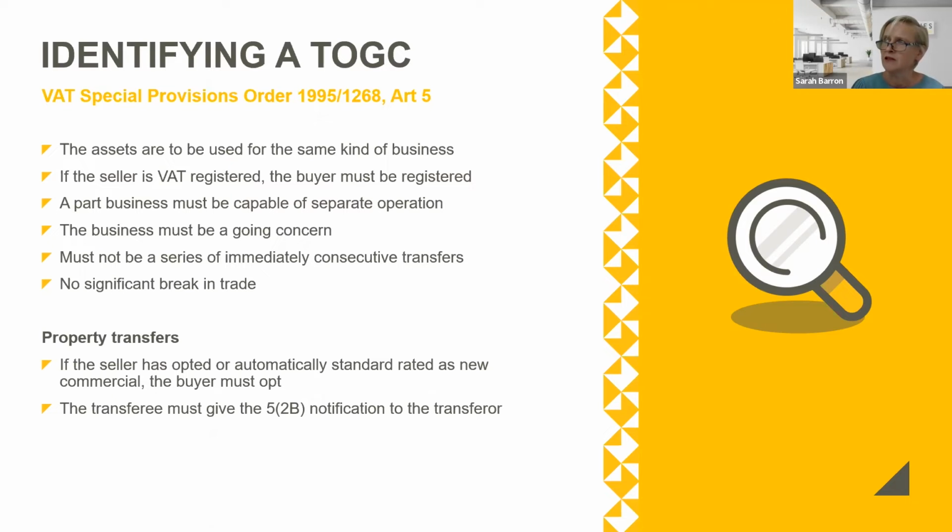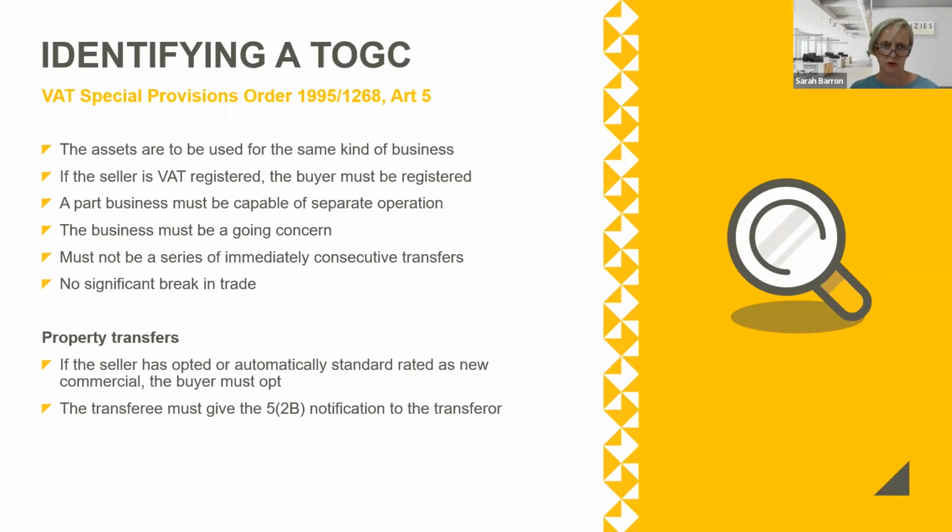Moving away from property transactions, if we are selling an Italian restaurant and it's going to become an Indian restaurant, that's pretty much the same business. We've got the same sort of clientele, same location. That can still happen, that's going to qualify as the same kind of business.